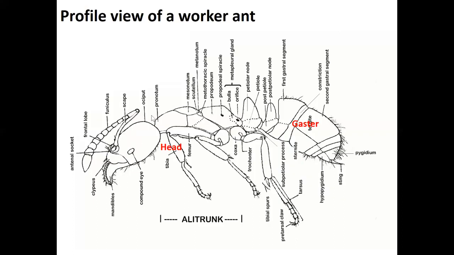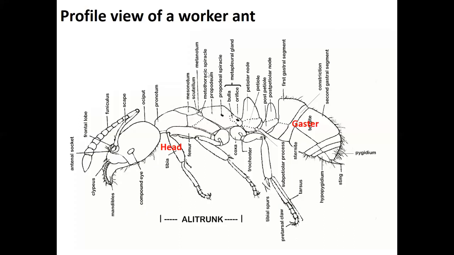It's not labeled. The posterior margin is called occiput, and on the thorax, see pronotum, mesonotum, and this part is called propodeum.